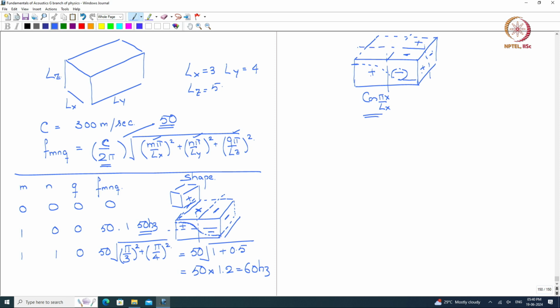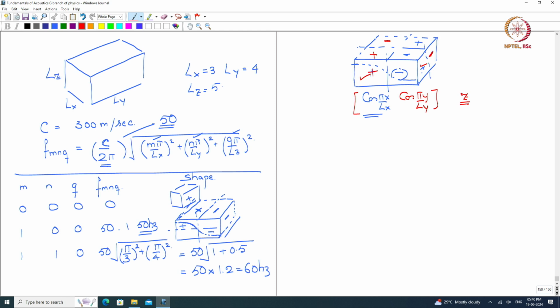Similarly this plus and this plus give a plus here, and then this plus and this minus give a minus here. Why? We have a product here, cos pi x by Lx, cos pi y by Ly. This product is what we are looking at. And there is no variation in the z direction. Along the z there is no variation.